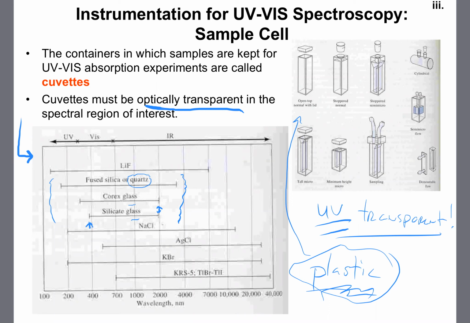Now, traditionally, if you wanted to make measurements in the ultraviolet, you would have to get quartz cuvettes. This would look more or less the same, but the walls and windows would be made out of quartz, which is UV transparent well down to below 200 nanometers.